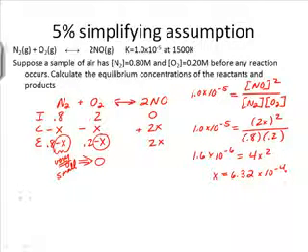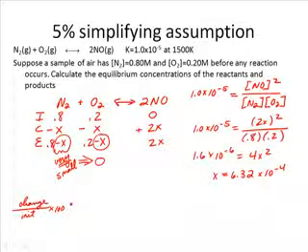Okay, so how do I know if this assumption I made, that X was very, very small, is a valid assumption to make? Well, what we want to do is look at what percentage of the initial value is the change. And if we get that it's less than 5%, then it's an okay assumption to make.